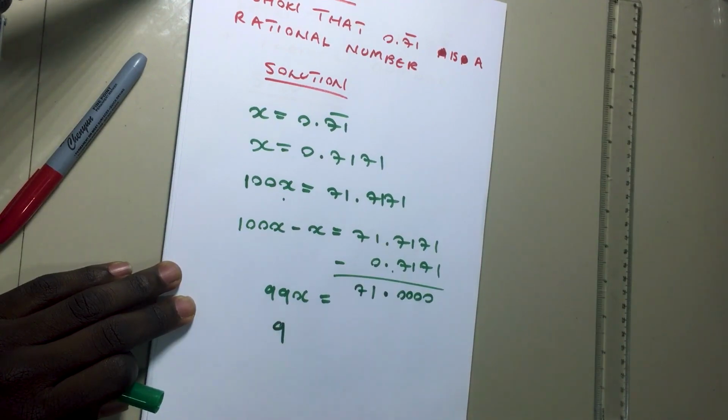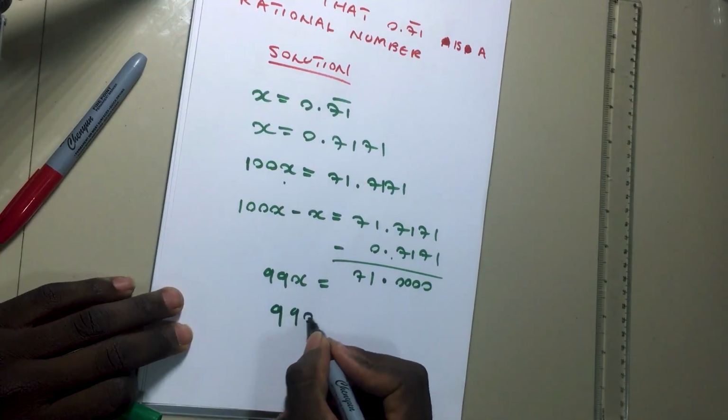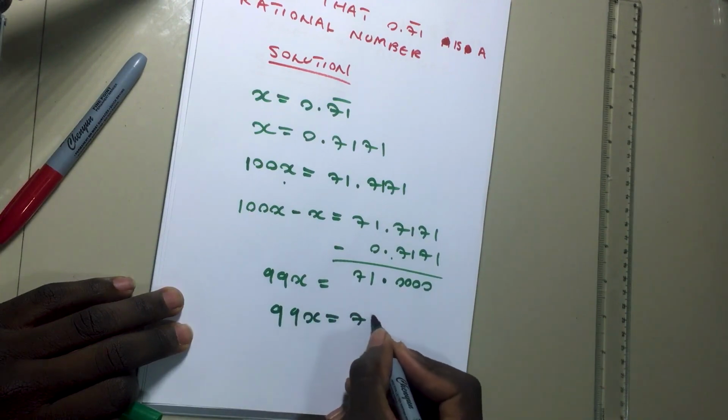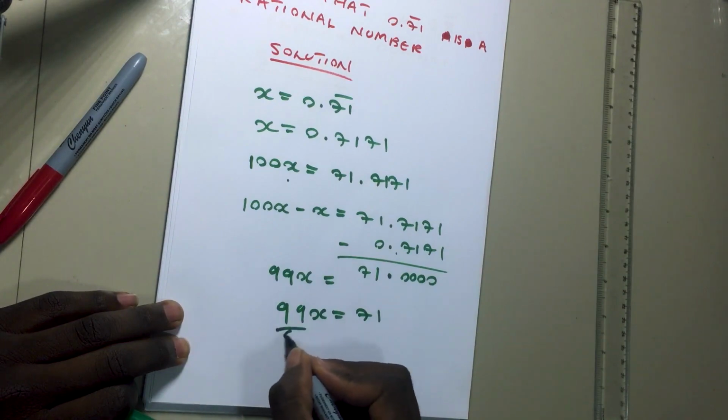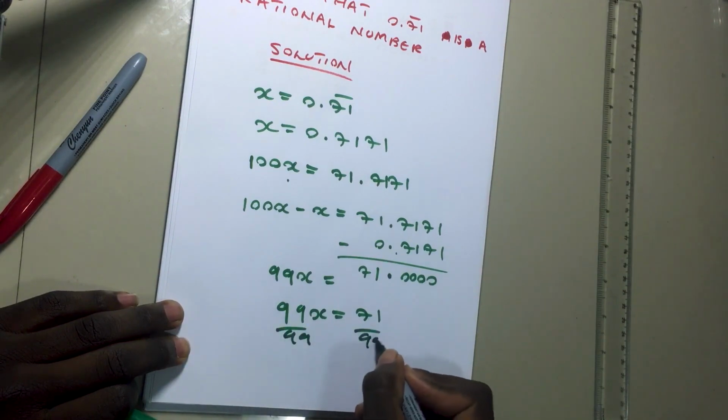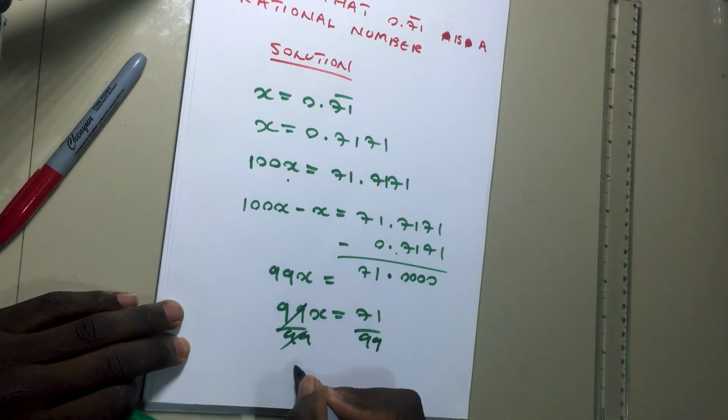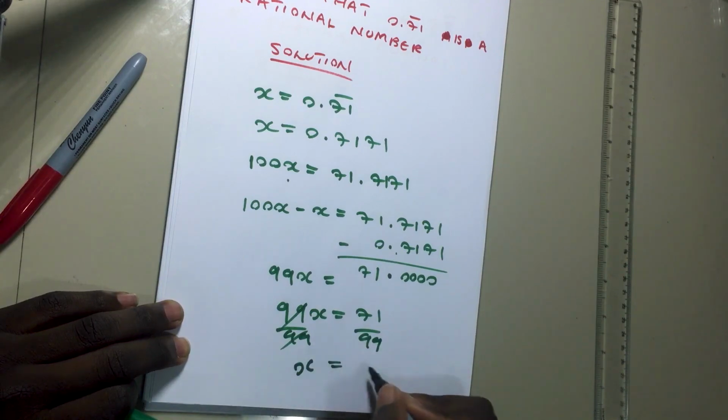So our expression says 99x equals 71. We need to make x the subject of the formula, so we divide everything by 99. We cancel that, then x equals 71 over 99, and that's our final answer.